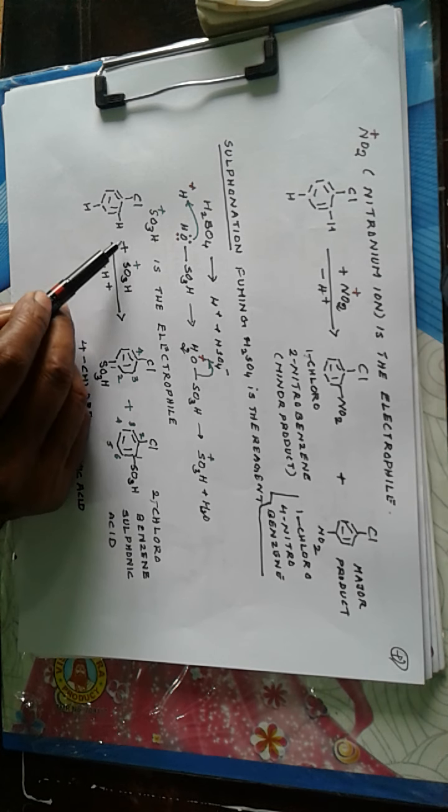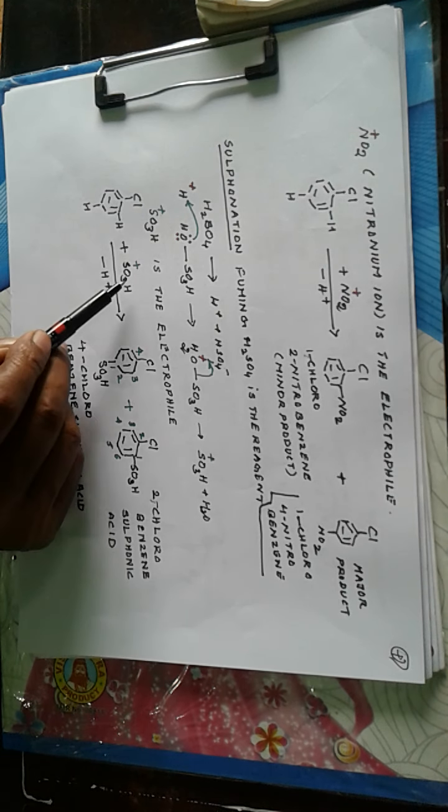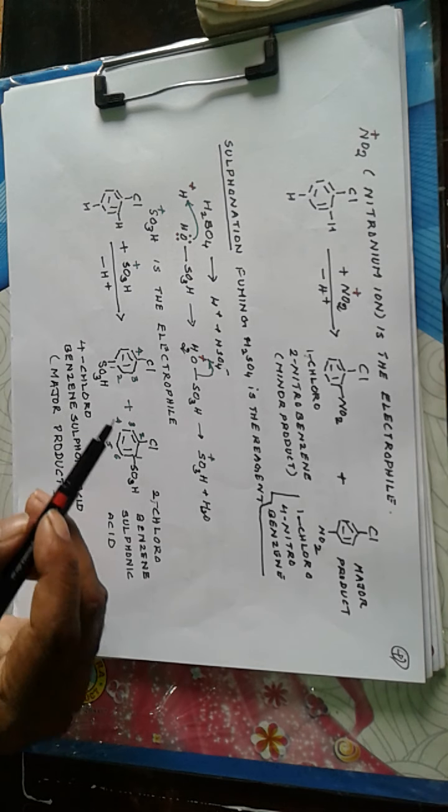Now this H positive is removed and we get a negative charge here that combines with SO3H positive, or here H positive is removed, we get a negative charge and SO3H positive gets connected. The sulfonic acid group is given preference over the chlorine group.